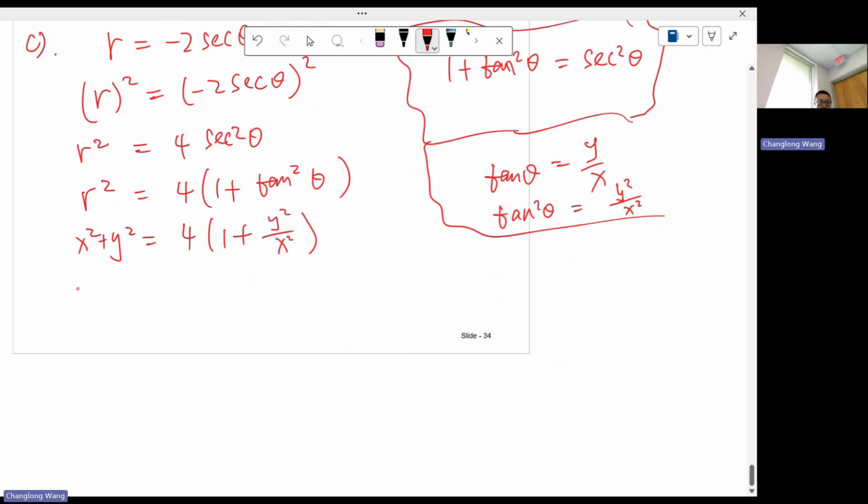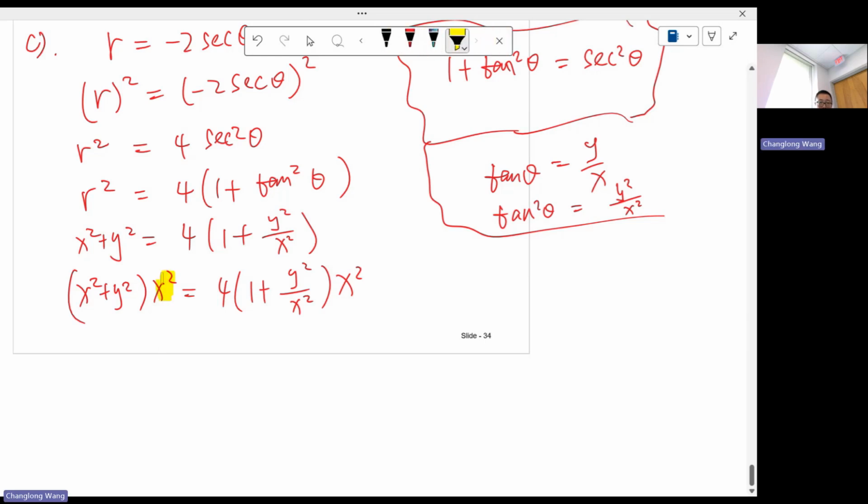I'll multiply the left-hand side by x squared, and the right-hand side again by x squared. All I did was multiply the same thing on both sides of the equation, right? And now I will distribute x squared.